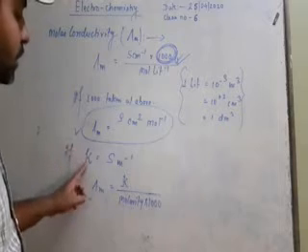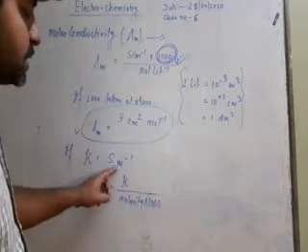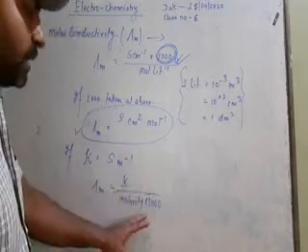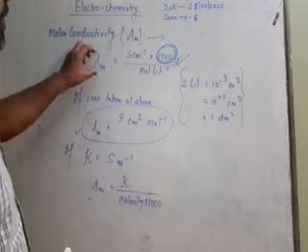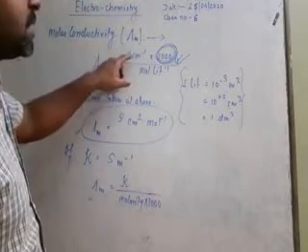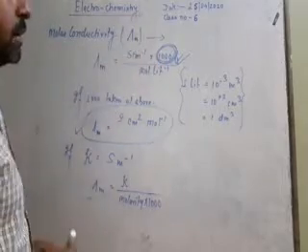If the unit of conductivity is Siemens meter inverse, then 1000 is taken at the denominator. If the unit of conductivity is Siemens centimeter inverse, then 1000 is taken at the numerator side.